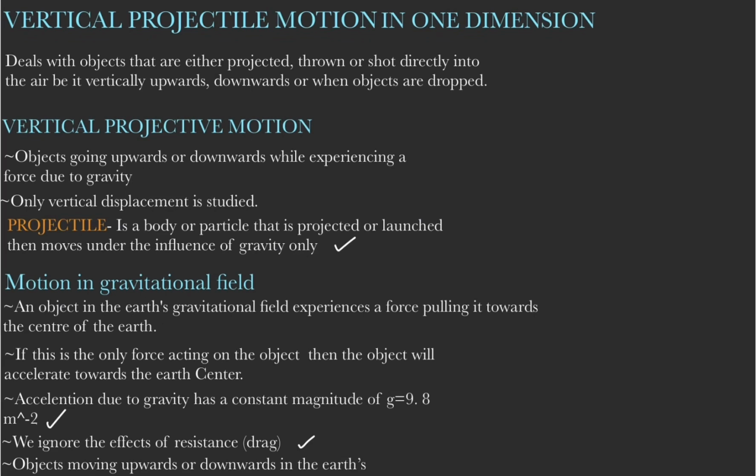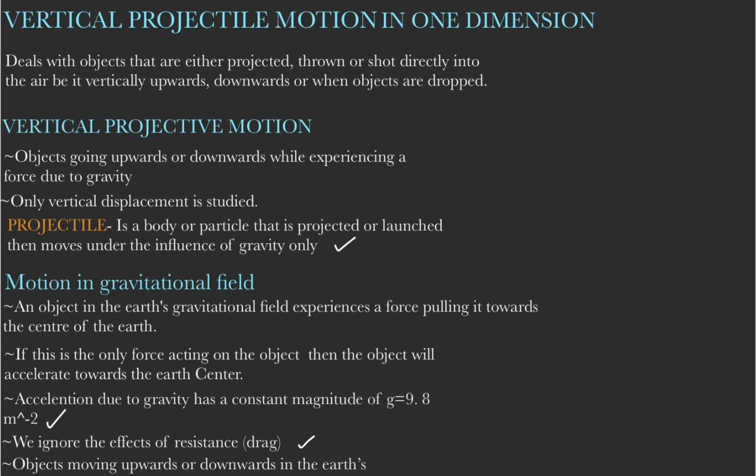So the first thing that you need to know is the definition. With every chapter you have to know the definitions, because in an exam they actually love starting the questions with some definition questions. So a projectile is a body or a particle that is projected or launched, then moves under the influence of gravity only.